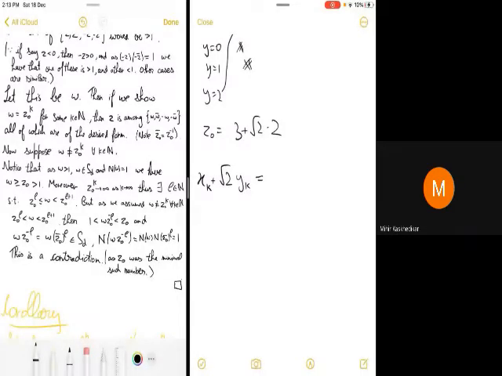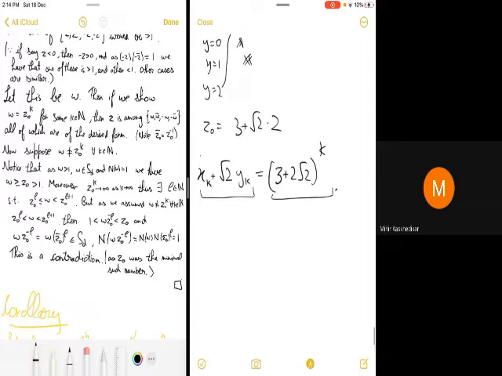Let's say these are positive, so xk is greater than 0, yk is greater than 0, and these are all the solutions. If we define xk plus root 2 yk to be this, then this gives all the positive solutions.